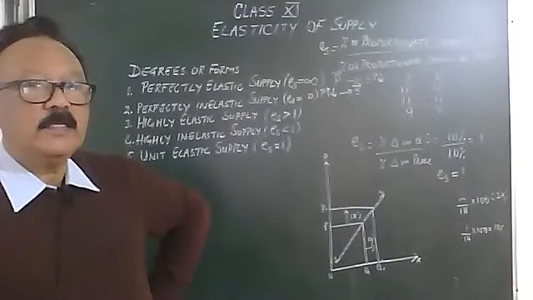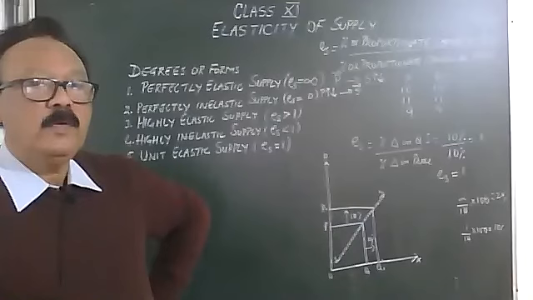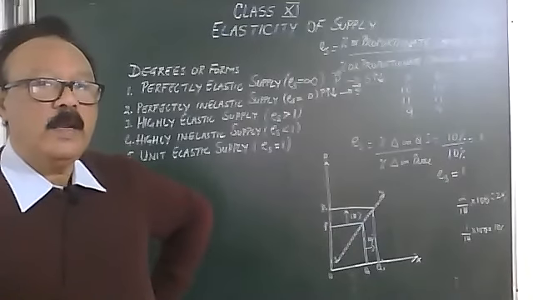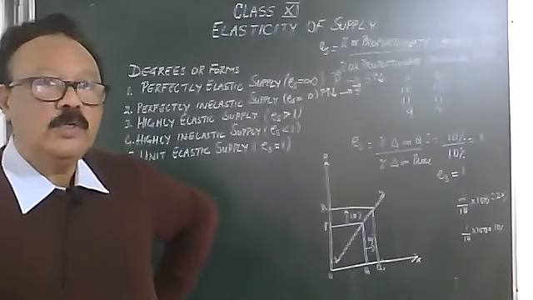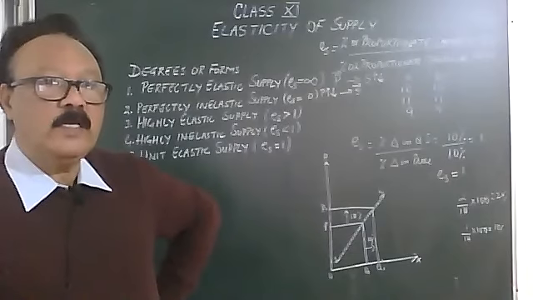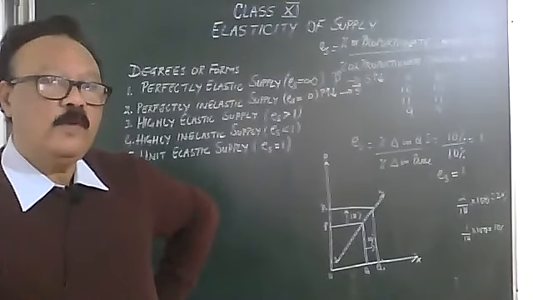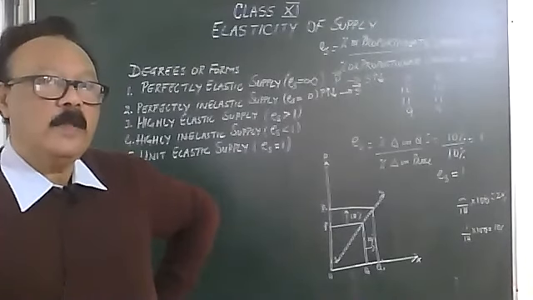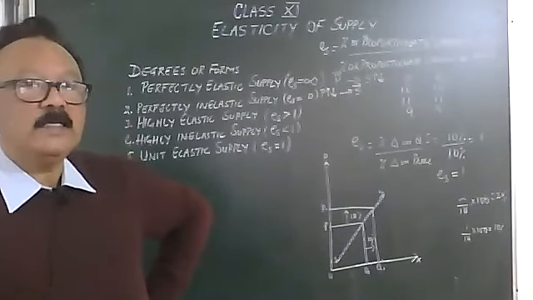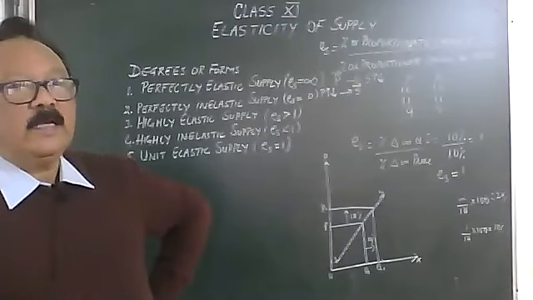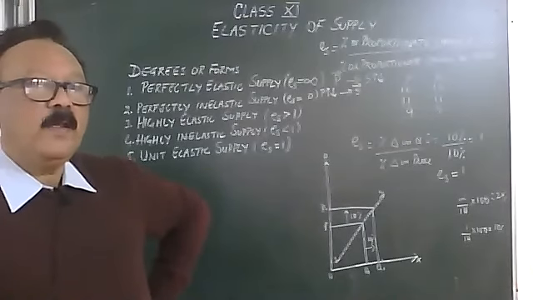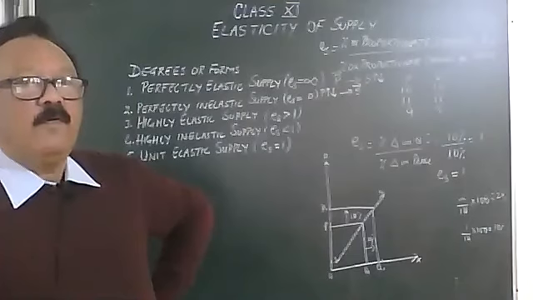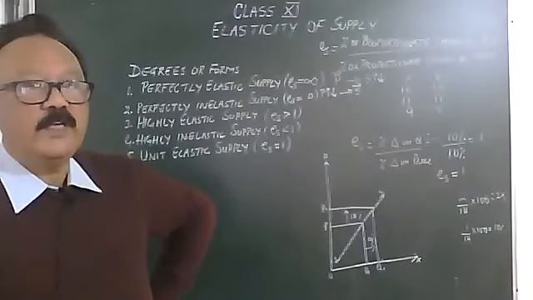Highly inelastic supply where ES is less than 1. And the unit elastic supply where ES is equal to 1. Now, based on these forms, when we do the numericals, we would be giving the result whether the supply is highly elastic, inelastic, depending on the 4 or 5 forms which we have just learned.